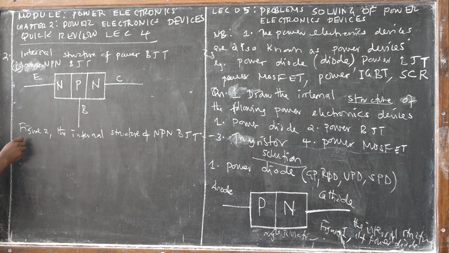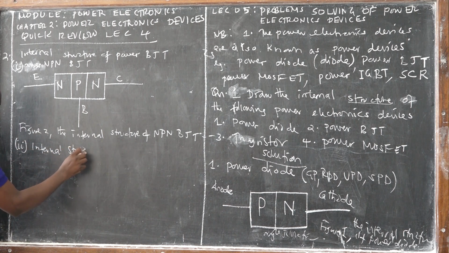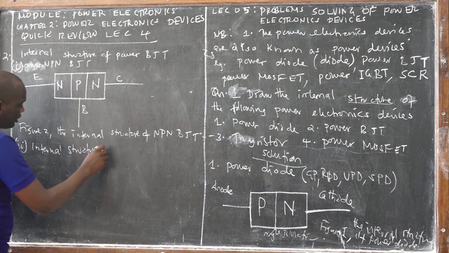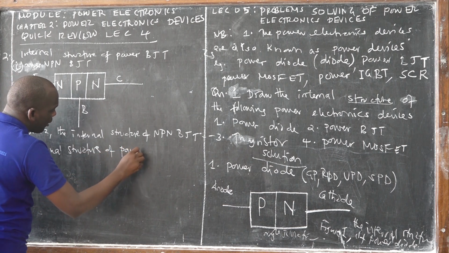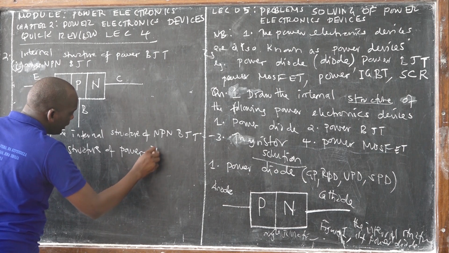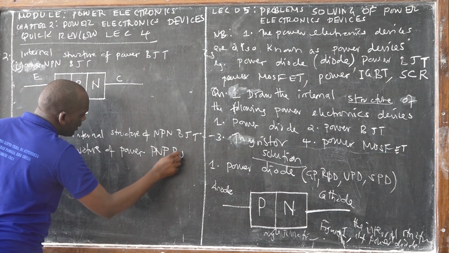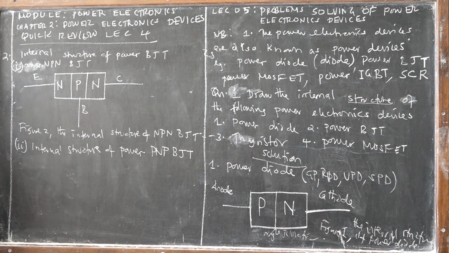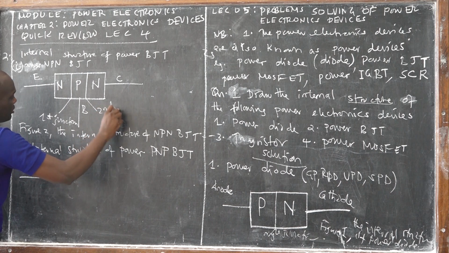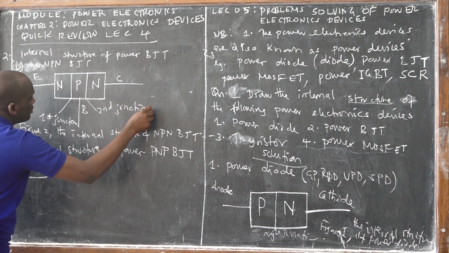Number 2, according to the question, we have to draw the internal structure of power PNP bipolar junction transistor. For that case, it also has two junctions: the first junction and the second junction. Okay?